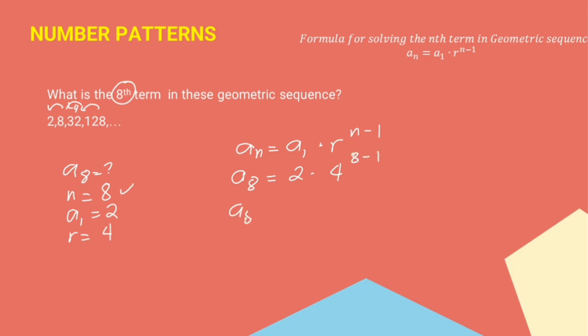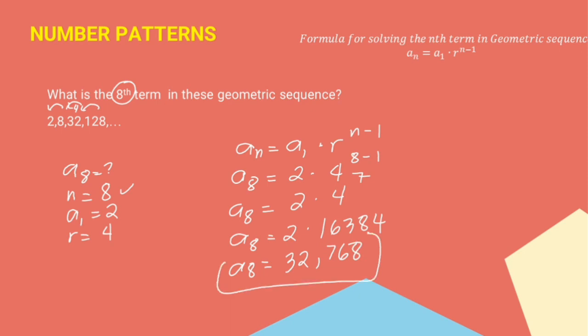A sub 8 equals 2 times 4 raised to the 7th power because 8 minus 1 is 7. 4 raised to the 7th power is 16,384. Now, therefore, our 8th term in this geometric sequence, we multiply it by 2, that is 32,768. So, this is our answer.